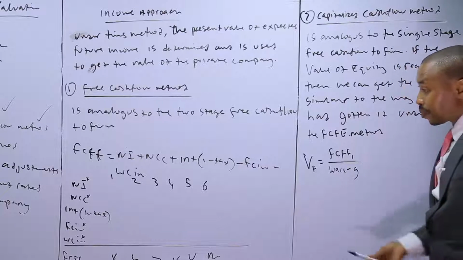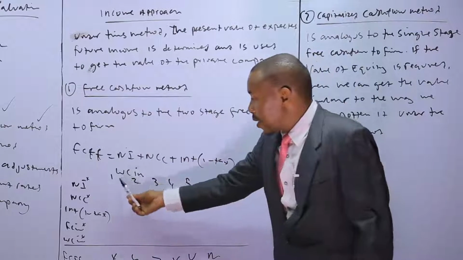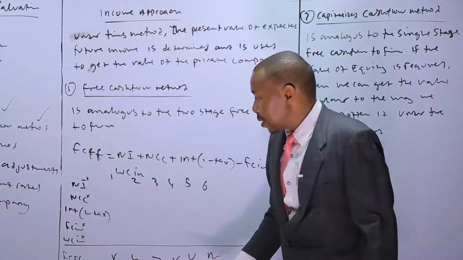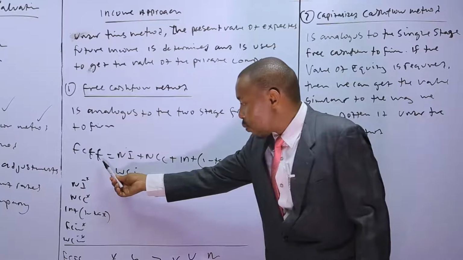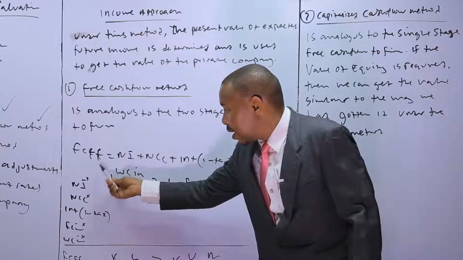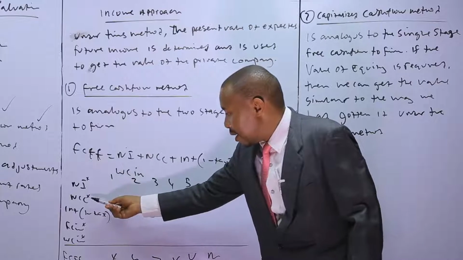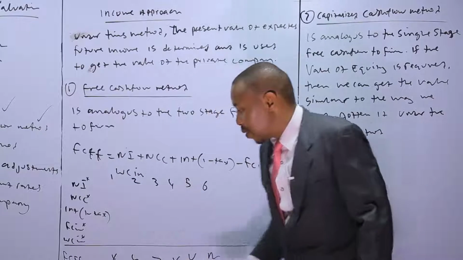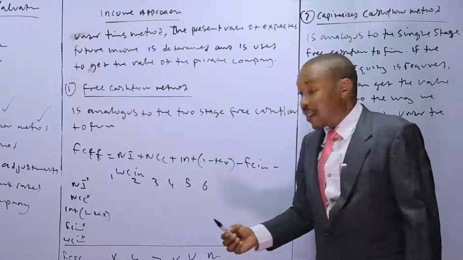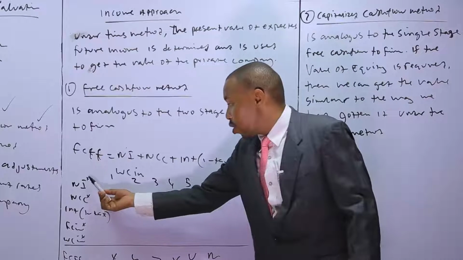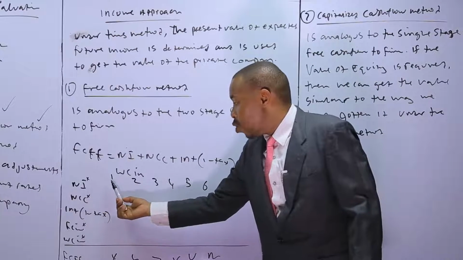Notice one thing. Here we are getting the free cash flow to firm. For that component, we were subjecting the key inputs, net income, non-cash charges, fixed capital investments, and working capital investments, to an increase based on the growth rate. So they're growing at maybe 5%.